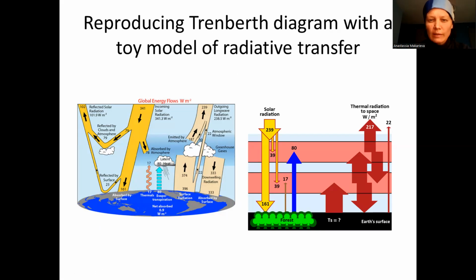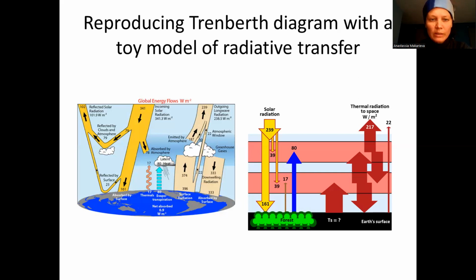We take that there is a total flux of incoming solar radiation, 239 watts per square meter, of which the major part, 161 watts per square meter, comes down to the Earth's surface and is turned to thermal radiation at the Earth's surface.